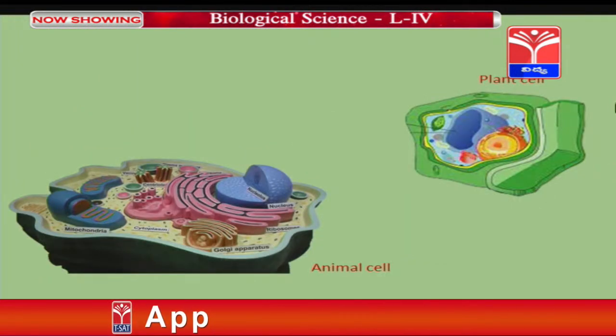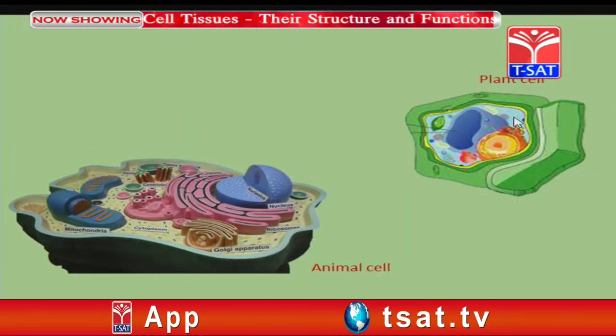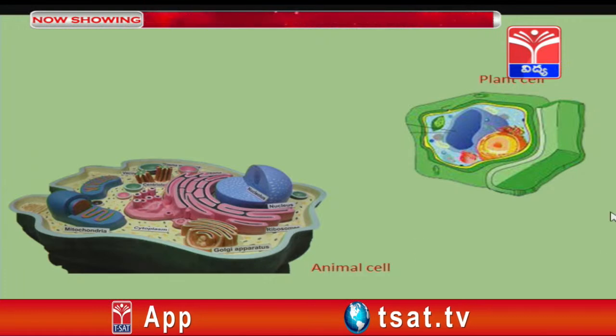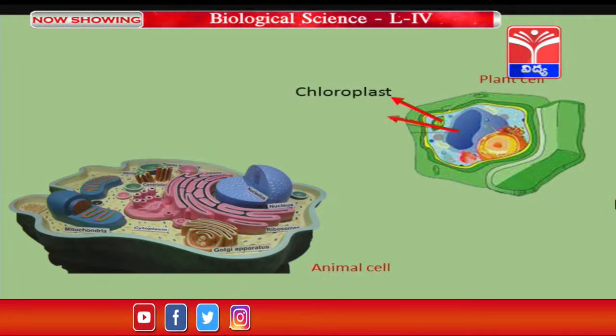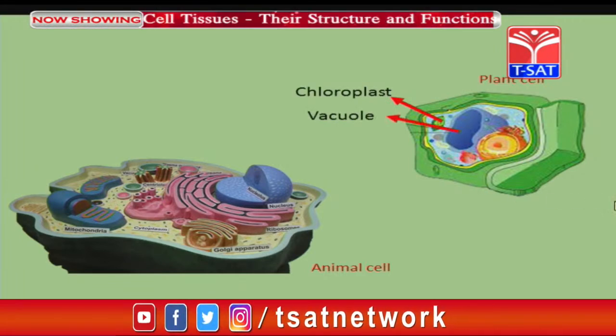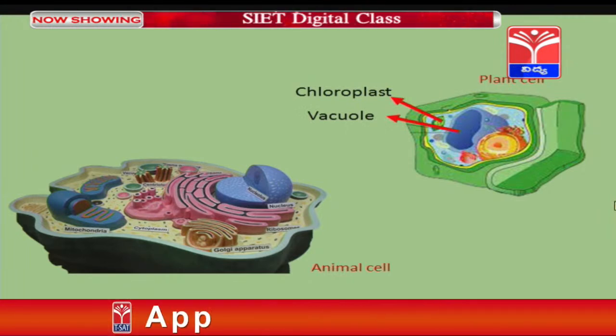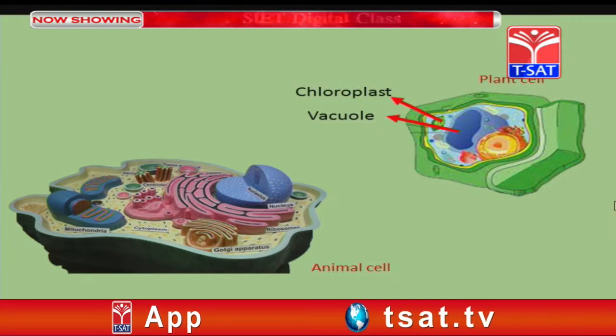Now, children, observe here, this is the plant cell and this is the animal cell. In the plant cell, we are seeing chloroplast, vacuoles. In the animal cell, chloroplasts are not there. Vacuoles are seen, but are very small.